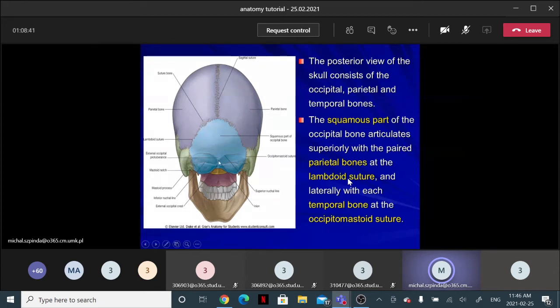Just in the middle of the occipital squama is the external occipital protuberance. On its top is a special craniometric point that's called inion.